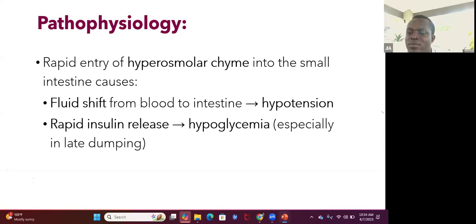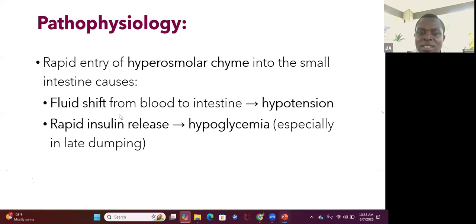And when you have fluid leaving the blood, you reduce cardiac output too, in a way. You reduce blood volume, and that will eventually cause what? Hypotension. All right. So in dumping syndrome, this is what is really happening. Because there's a rapid movement of chyme or food into the small intestine, there's fluid shift from the blood into the intestines, and this causes what?